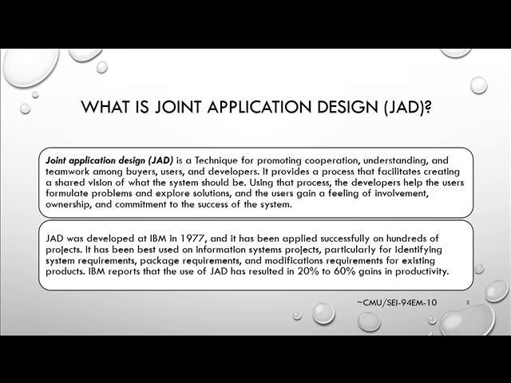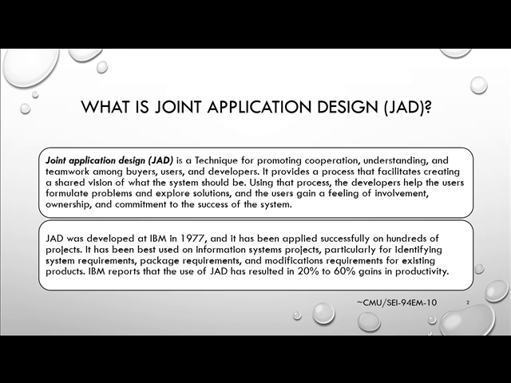Using that process, the developers help the users formulate problems and explore solutions, and the users gain a feeling of involvement, ownership, and commitment to the success of the system. Joint application design was developed at IBM in 1977, and it has been applied successfully on hundreds of projects.